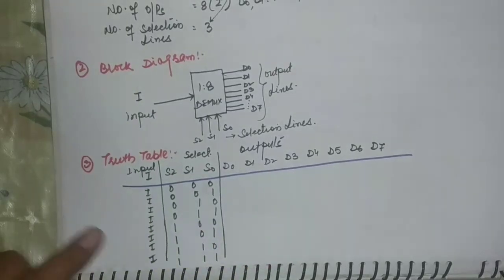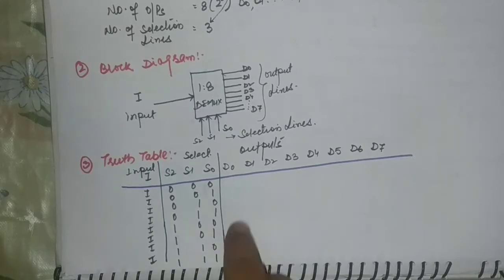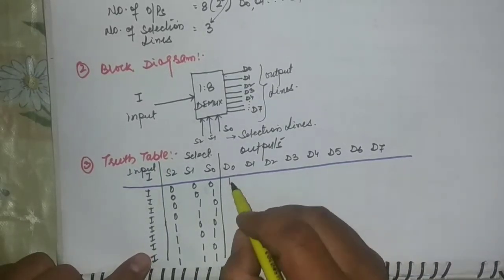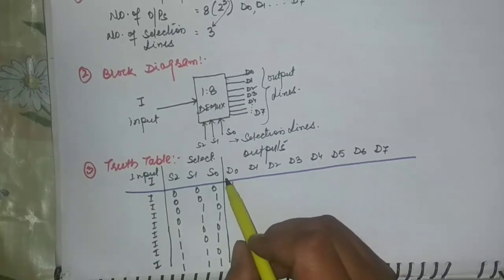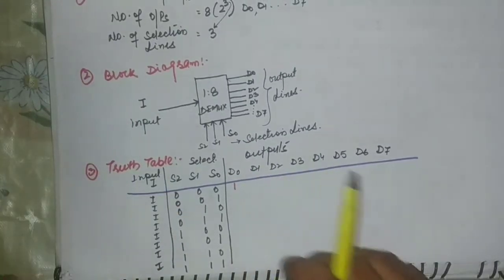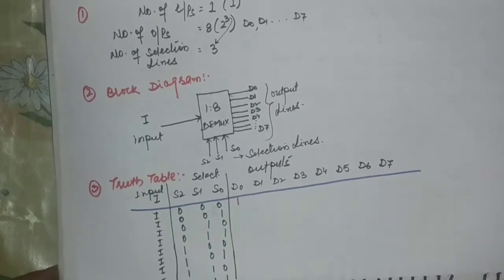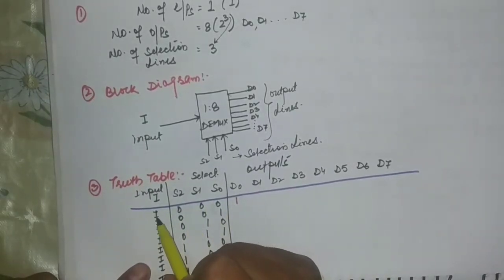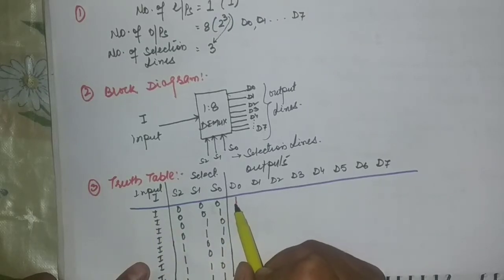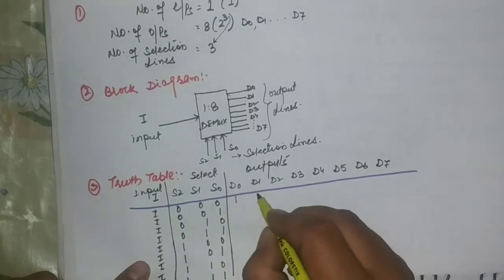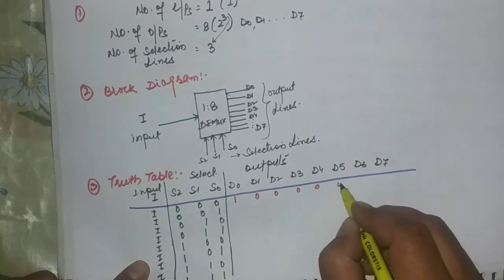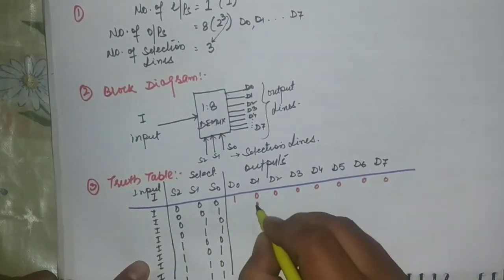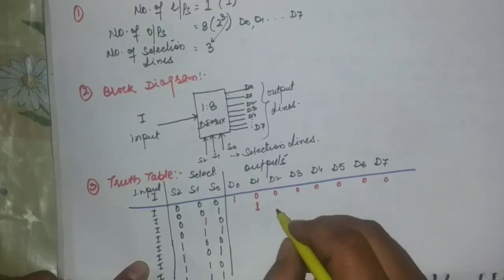Now when S0, S1, S2 is equal to 0, 0, 0, obviously D0 will be selected for the output of the input. It means the input will be directed through D0, and for the others it is zeros. For 0, 0, 1, obviously D1 will be selected.